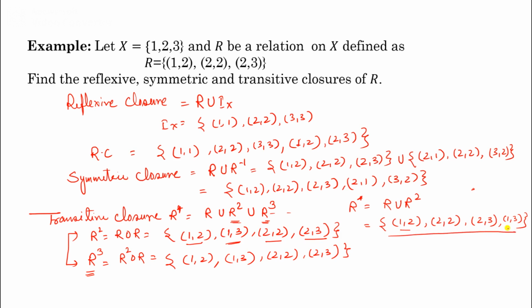Now you can see this is the smallest transitive relation which contains r as a subset. So in this way you can find the transitive closure of r. You have to find r square, r cube, and finally the union of all these, then you will get the transitive closure of r.